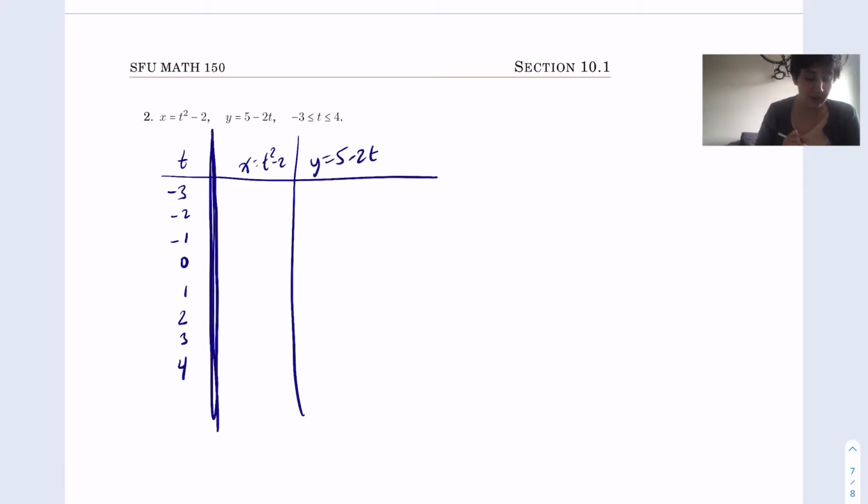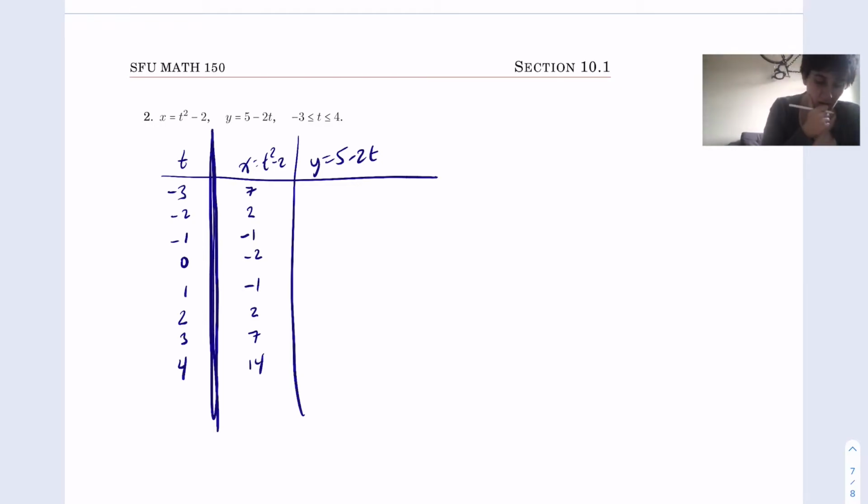T squared minus 2: 9 minus 2 is 7, 4 minus 2 is 2, 1 minus 2 is negative 1, negative 2, and then negative 1, 2, 7, and 16 minus 2 is 14.